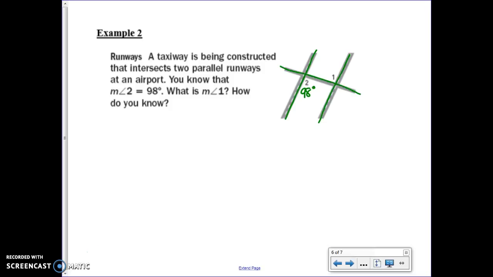I see that those angles are on opposite sides of the transversal, and they're both on the inside. So how do you know? These are alternate interior angles, and so our alternate interior angles theorem tells us that the angles have the same measure. So if we know the measure of angle 2 is 98 degrees, then we also know the measure of angle 1 is 98 degrees.